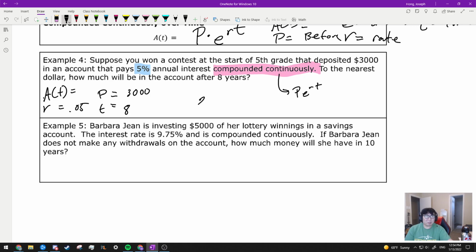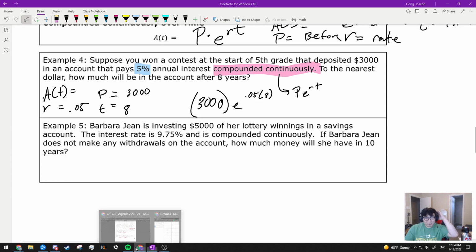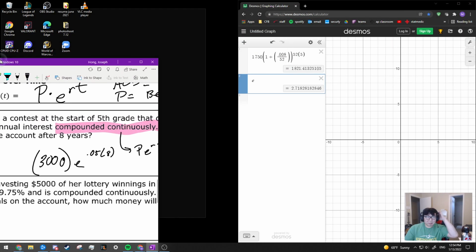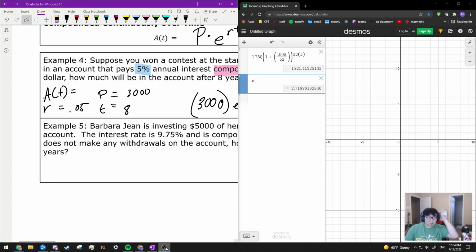So it's going to be 3,000 times, I'll put the parentheses here, times e to the power of 0.05 times 8. And let's try it out. Let's see, 3,000 times e to the power of 0.05 times 8.